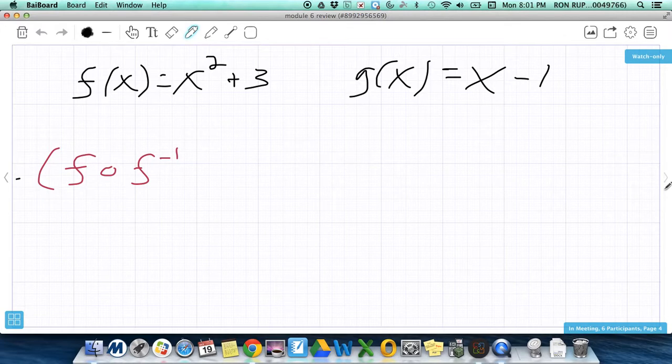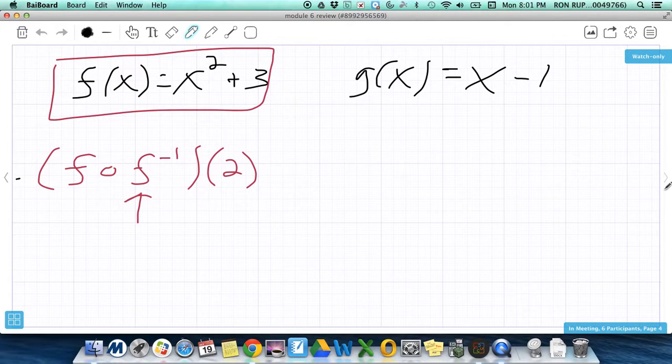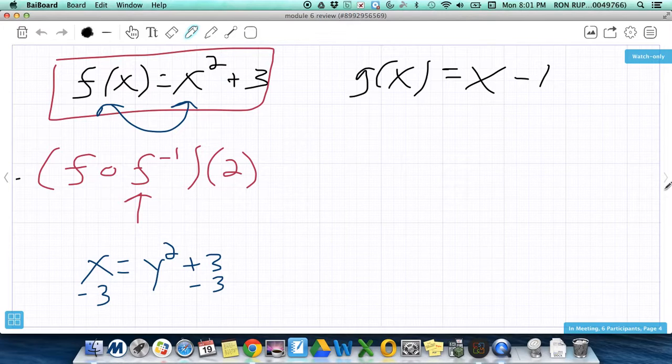So first, this is combining quite a few skills. First I have to find the inverse of this function, which, remember, to do that we're just going to flip x and y and then solve for y. So x equals y squared plus 3. I subtract 3 from each side. I get x minus 3 equals y squared. I square root each side.